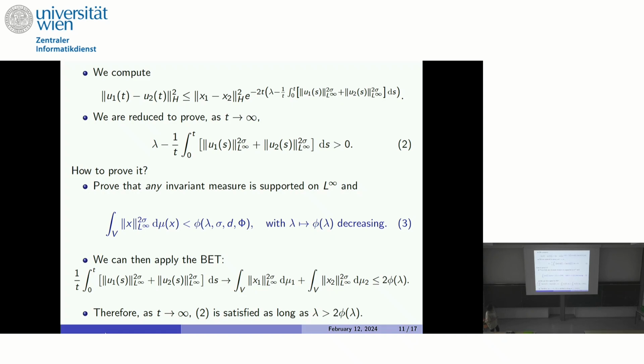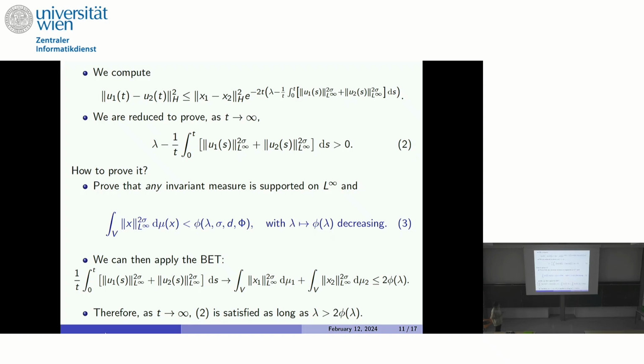And then you have something that depends on the mean in time of the norm of the two solutions in the L infinity norm. Okay. So this term somehow resembles what you have in the Birkhoff ergodic theorem. And so the idea is the following.